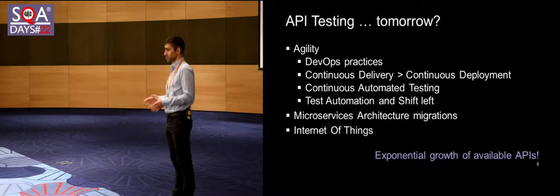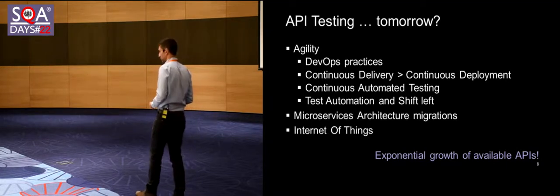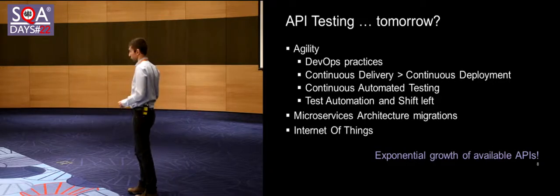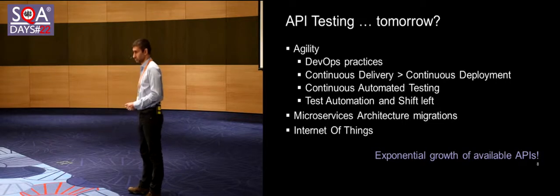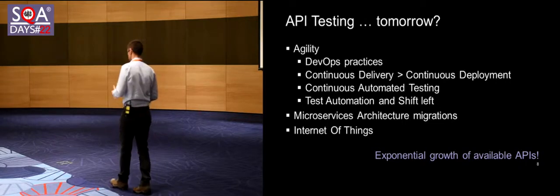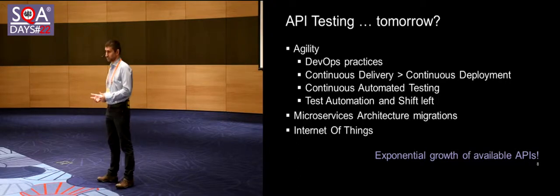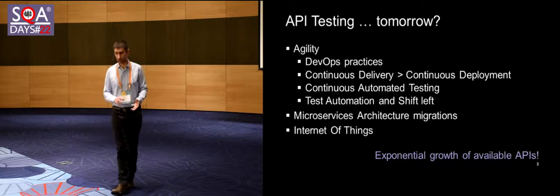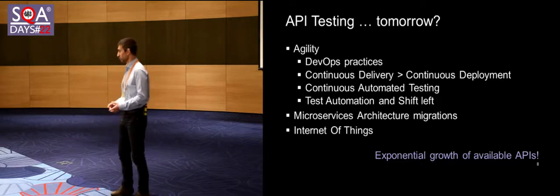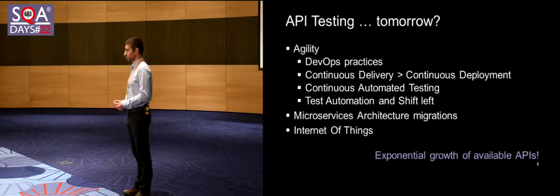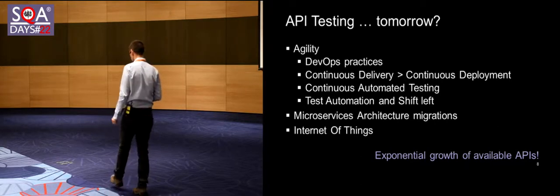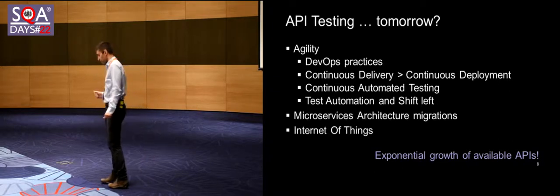But in any case, unless you are in a specific market, sooner or later you will have someone asking you to do continuous delivery and continuous deployment. And then hopefully we will also have continuous automated testing. If not, it means that you will need to repeat all these tests over and over again. So it's impossible to talk about continuous deployment and continuous delivery without also talking about continuous automated testing. Let me give you a small hint about it.